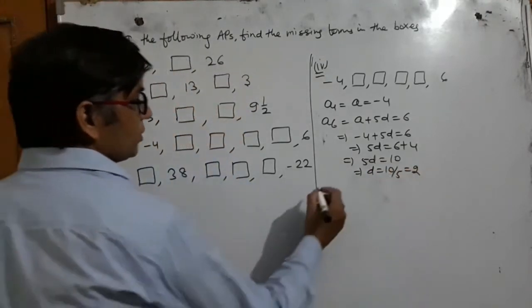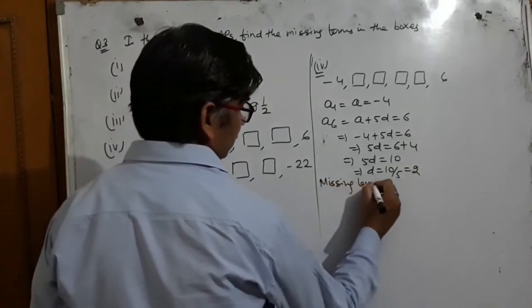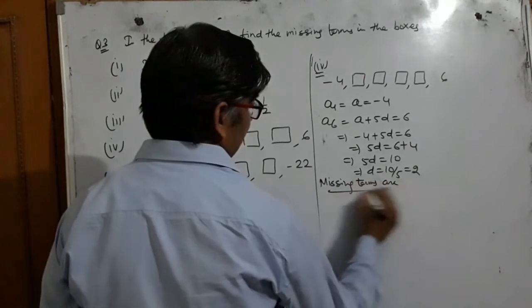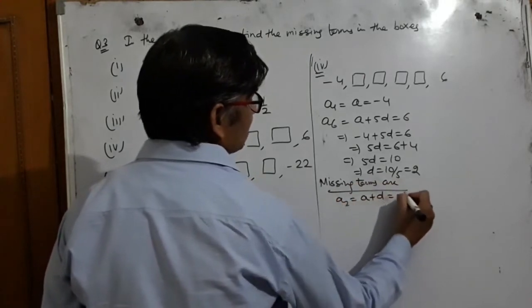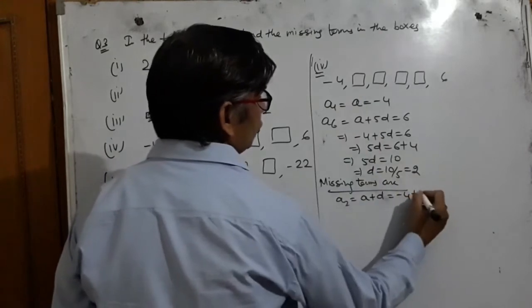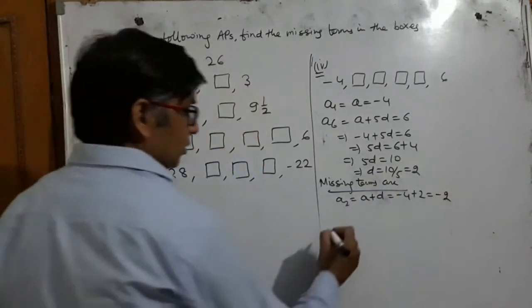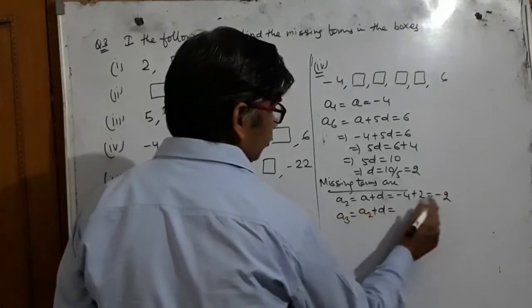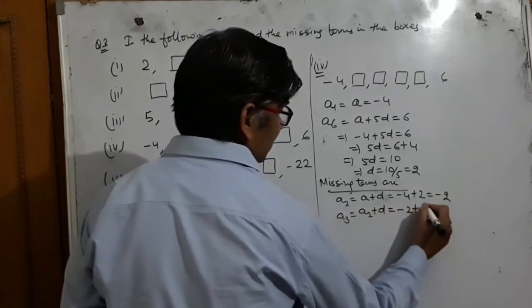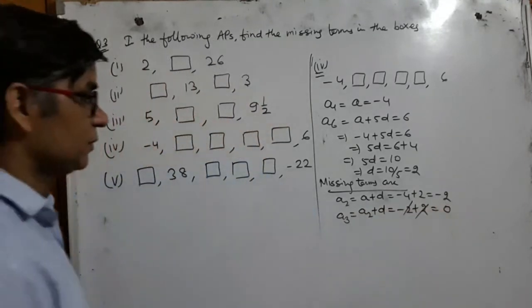Now the missing terms are A2. A2 means A plus D: minus 4 plus 2 is minus 2. A3 is A2 plus D. A2 is minus 2 and D is 2. Minus 2 plus 2 cancels, 0.